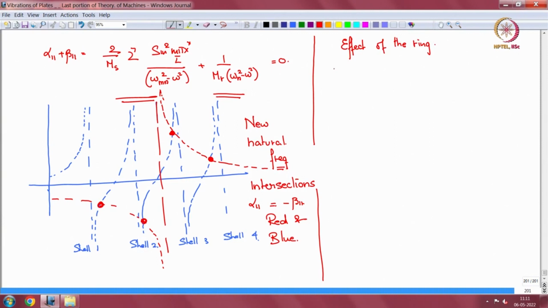Where the ring natural frequency is higher than shell 1 and shell 2, those frequencies get raised.